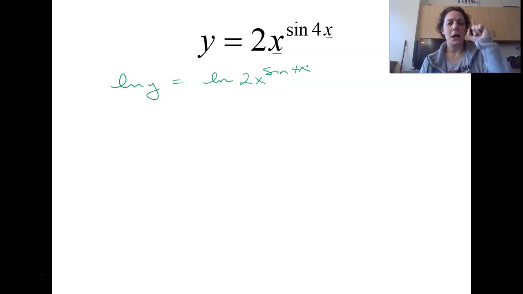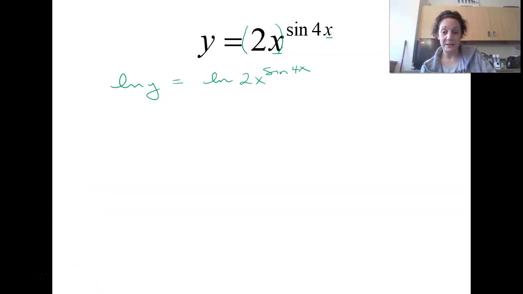Now, I implore you to be careful here, and always. This exponent applies to the x. It does not apply to the 2. It's important to recognize. If they wanted it to apply to the 2, there would have been parentheses here.